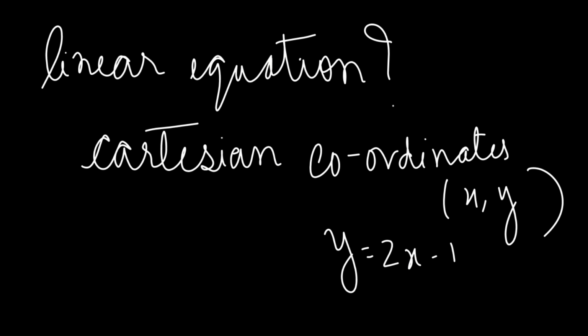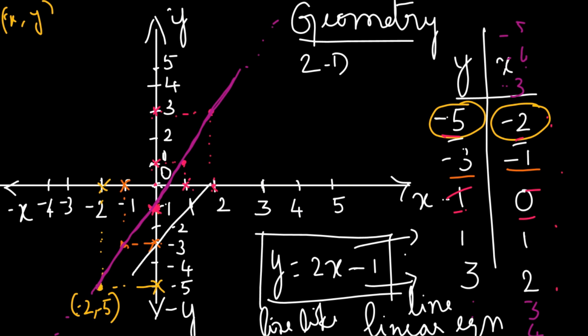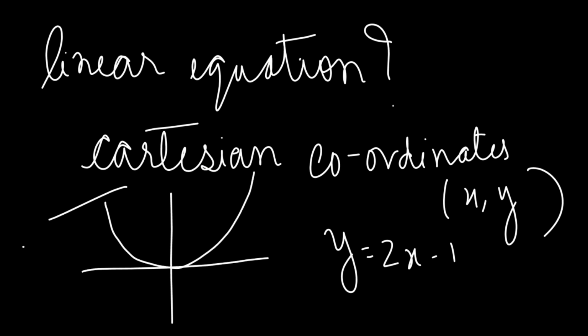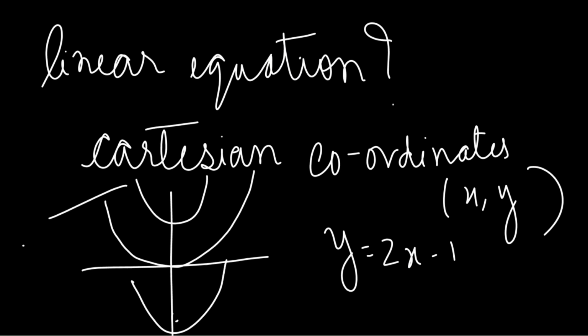Sometimes it is not necessary that every time you'll get a line when you draw an equation. You can get a line also. It can pass sometimes from this point or here somewhere or in the negative coordinates. Anything can happen. So it can be a curve also. For example, if this is your graph, it can go like this. It can start from here, or it can go upwards, or it can go downwards, something like that.